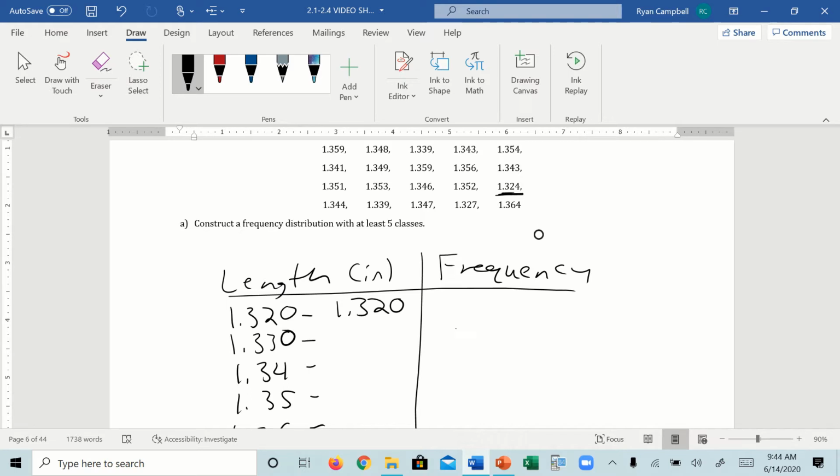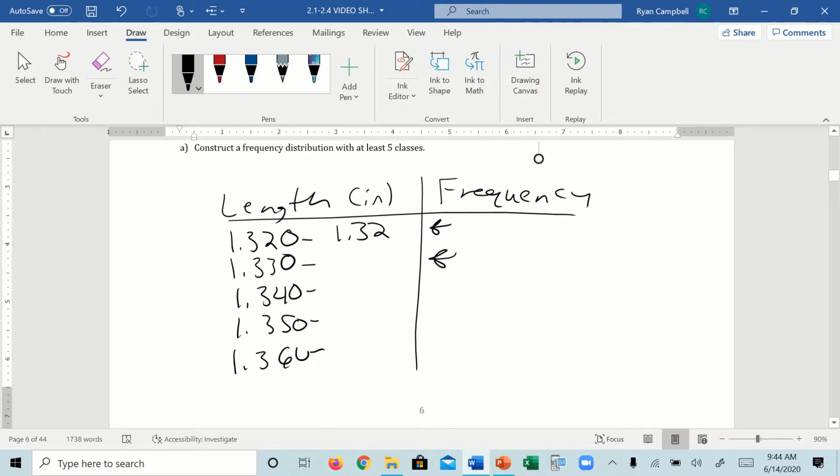It can't go in the second one because 330 is the smallest, but it can't go in the first one because 320 is the biggest, right? So this number has nowhere to go. So that's why you always need to have, if there's 3 decimals in the data, 3 decimals in your table. And that way you will know that this answer is actually a 9, not a 0. Good.